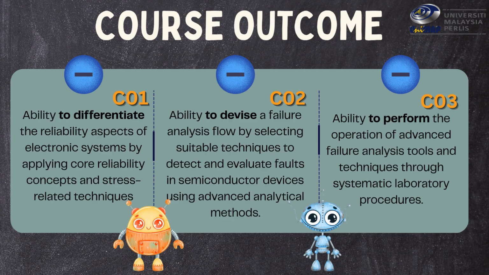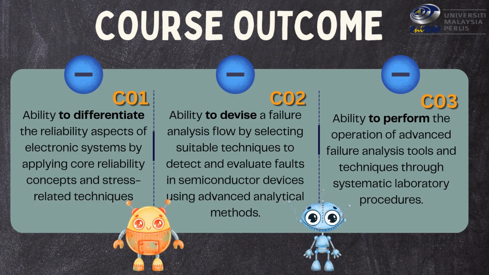For NMK 33303 Reliability and Failure Analysis, you will achieve three course outcomes. CO1 is the ability to differentiate the reliability aspects of electronic systems by applying core reliability concepts and stress-related techniques. The second is the ability to devise a failure analysis flow by selecting suitable techniques to detect and evaluate faults in semiconductor devices using advanced analytical methods.